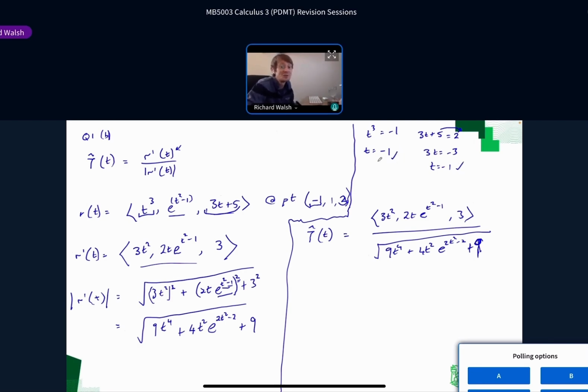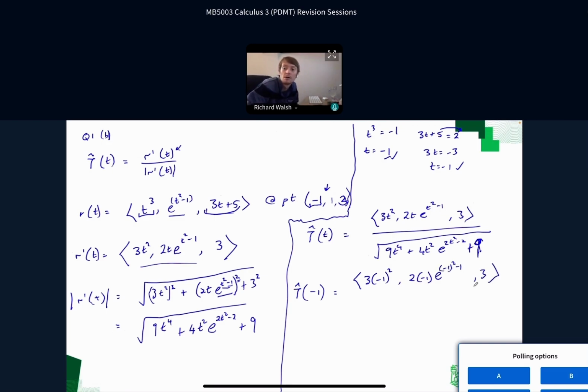As I said, you could solve the middle one as well if you wanted. E to the t squared minus 1 equals 1, but too much work. So we're going to sub in minus 1 for t. That's the t value that corresponds to this point. So I would evaluate that when t is minus 1. So just replace all the t's with minus 1 and work it out, all over the square root.